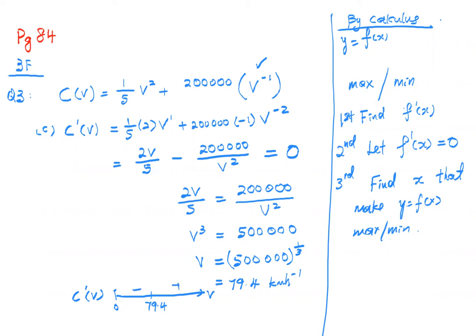That is by calculus. Now if I don't want to do it by calculus, I can just draw the graph, because the question did say by calculus, so I don't have to go through this process. For part C, I will draw this graph, v.